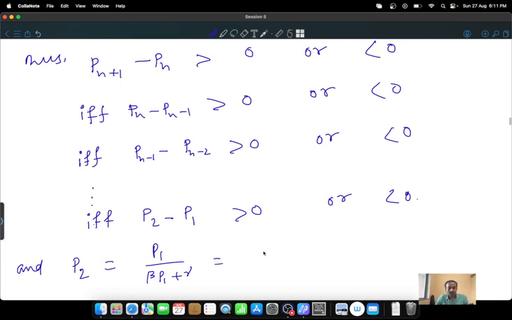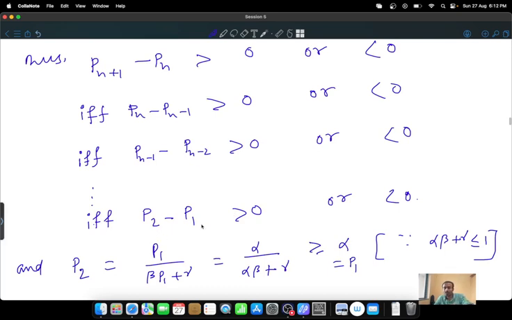And what is this term? Alpha by alpha, because P1 was defined to be alpha, and alpha, beta plus gamma was less than or equal to 1. If you take the ratio, that will be greater than or equal to 1. So basically alpha, because that is given, right? And what is alpha? That is P1.